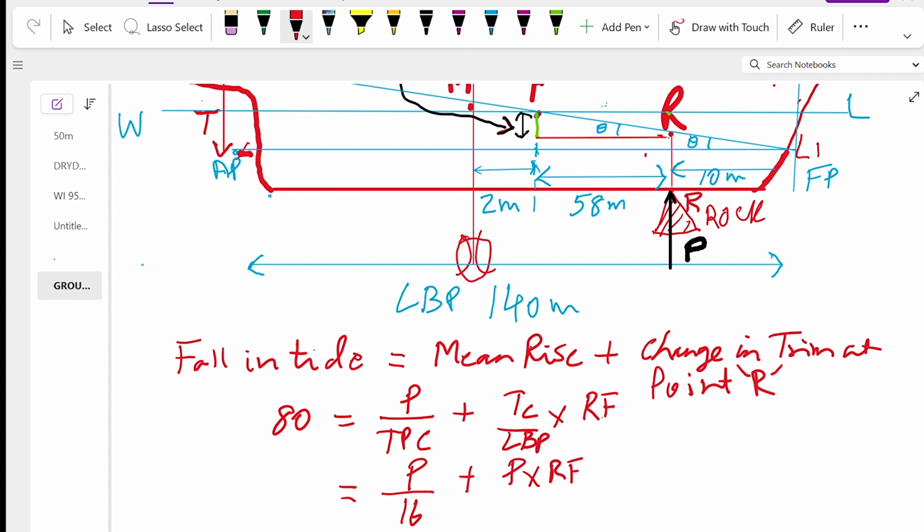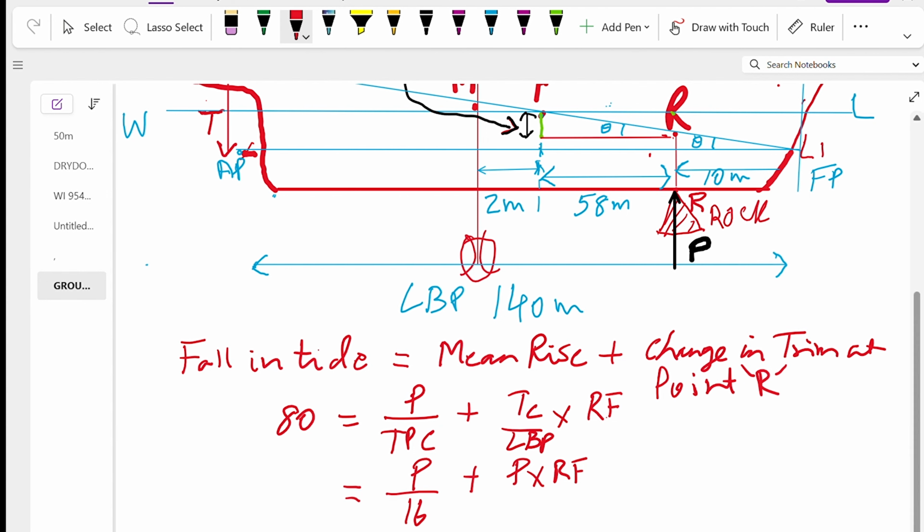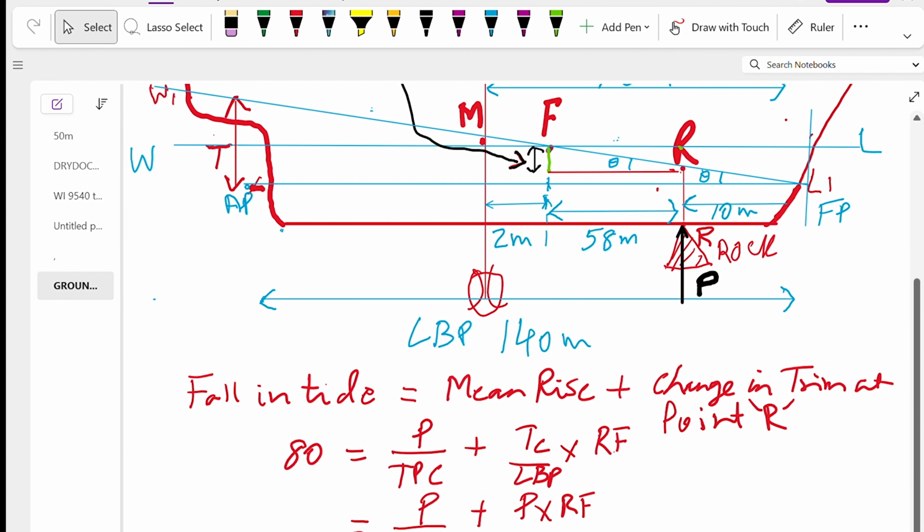P into RF is the trimming moment. P is the force multiplied by distance from center of flotation, which is RF. So P into RF upon MCTC. This is the change in trim formula: force multiplied by distance from center of flotation, which is trimming moment, upon MCTC.